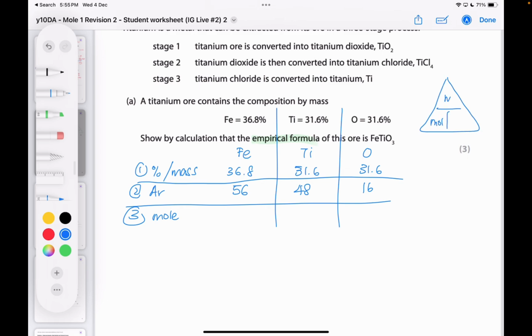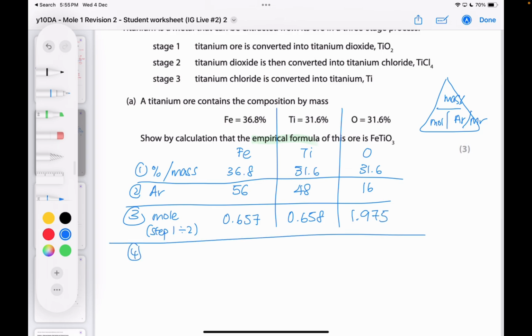Again, mole equals mass divided by Ar or Mr. So to find mole, I use step 1 divided by step 2. So I'll end up with 0.657 for this, 0.658 for this, 31.6 divided by 16, and 1.975.